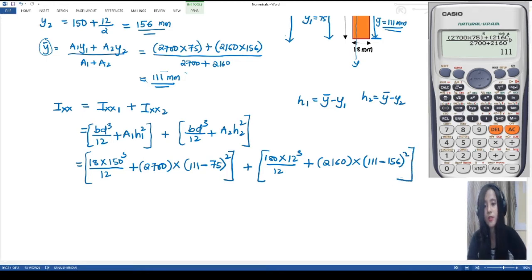So let us solve this in a calculator and see how much we get Ixx. Let us open a bracket.